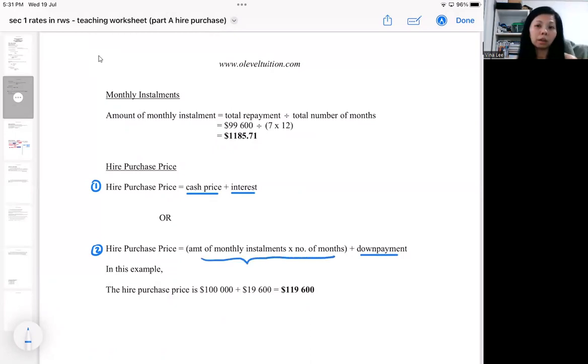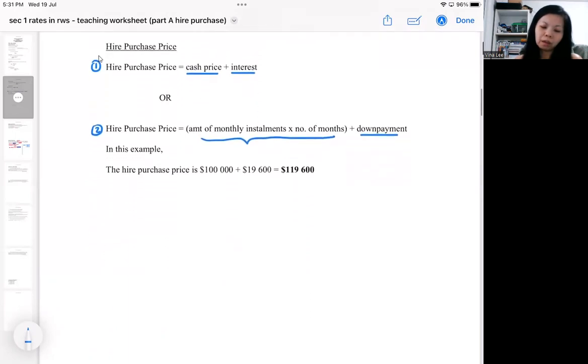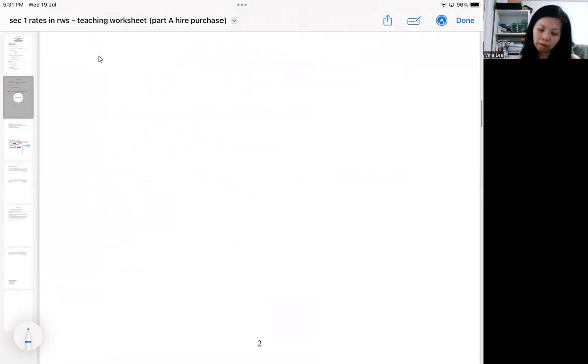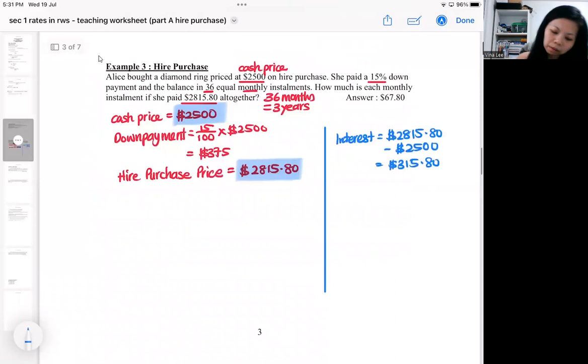So there are two formulas that you can play with. Obviously in this case, since I'm interested to find out the monthly installment, I should be using the second formula.